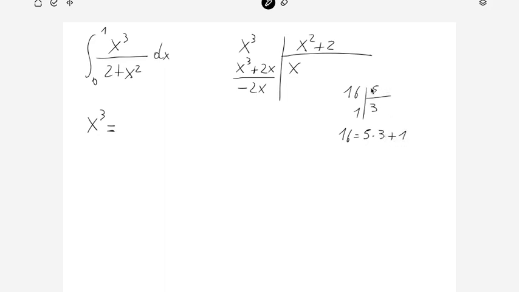So the denominator times the quotient, plus the remainder. Okay, and here the same thing: the quotient times the denominator plus the remainder.